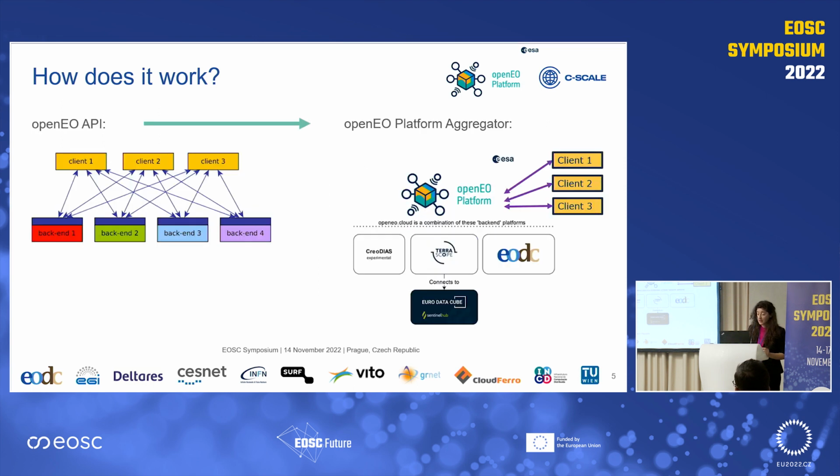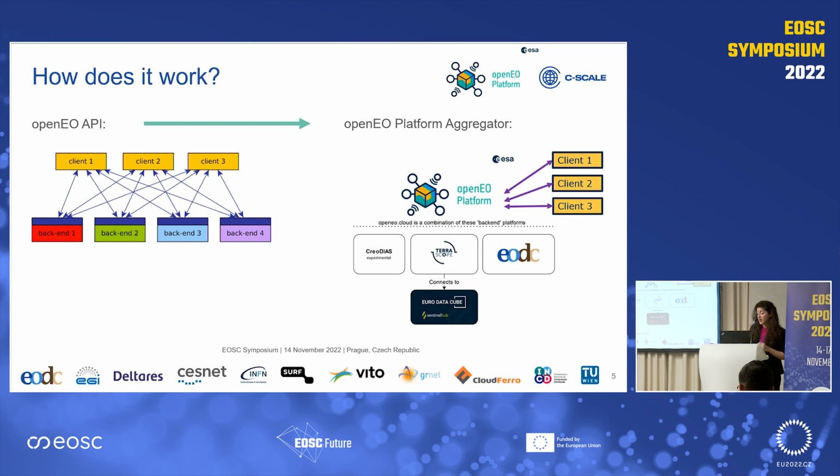On top of that, I forgot to mention that OpenEO was a Horizon 2020 project. There was a precursor project that was running, I'm not sure about the dates, just before OpenEO platform. And OpenEO platform is the project that followed.